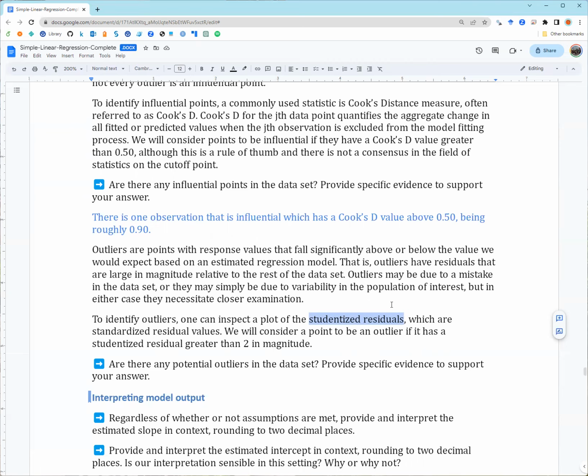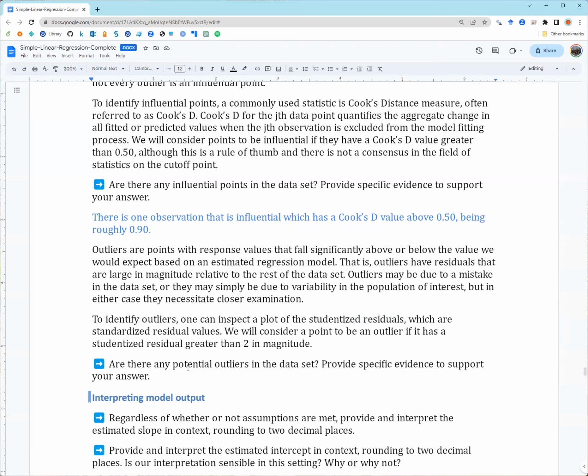And they're standardized sizes that account for varying units of measurement problems might have, or different scales on which a problem might be set. Okay. So we're going to consider a point for any data set to be an outlier if it has a studentized residual that's bigger than 2 in magnitude.